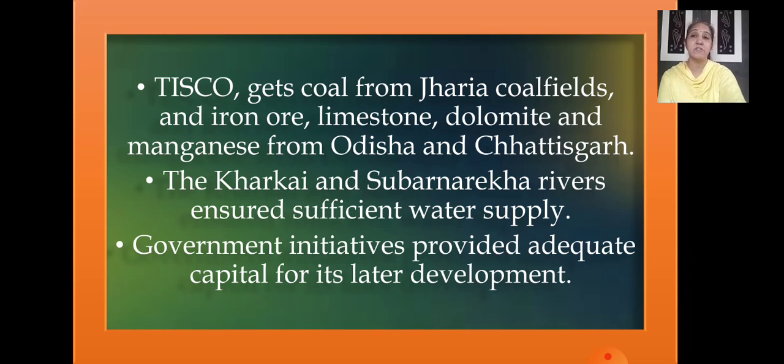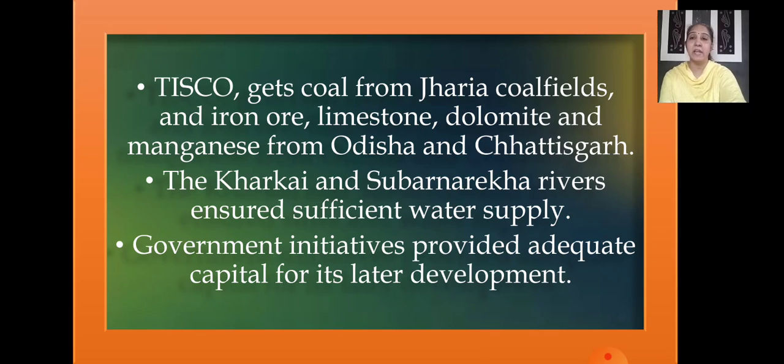Then the next, TISCO gets coal from the Jharia coalfields, and iron ore, limestone, dolomite and manganese from Odisha and Chhattisgarh. So even the coalfields were very nearly located. That is the reason the place was chosen there.